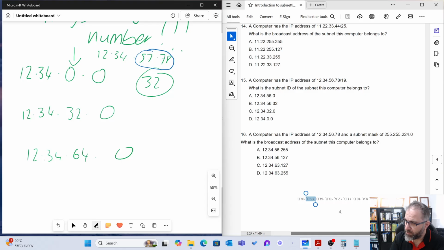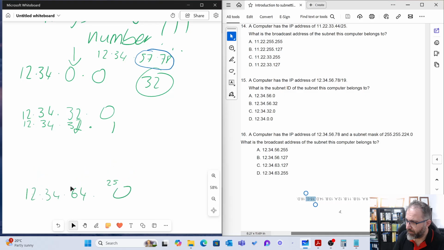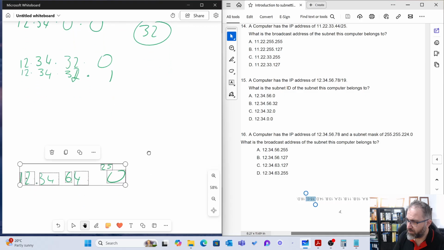So we can use up to 32, sorry. And we start at 1, and we go 1, 2, 3, 4, 5, 6, 7, 8, 9, 10. And then we get to 255. You know what? Let's move this. This is a bit tricky, guys. This is really tricky. I don't blame you for not being able to do this one.